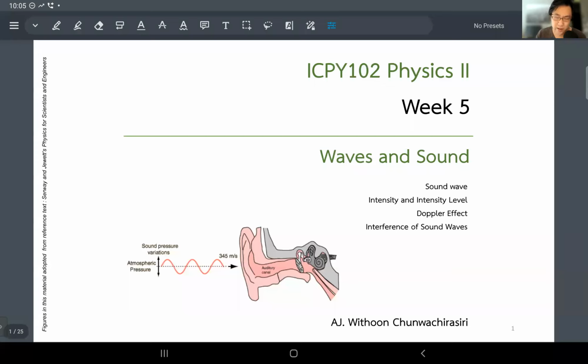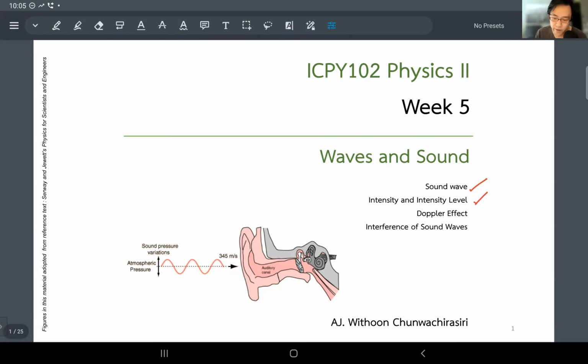So we're going to look at one particular type of wave today, and it's sound. We'll look at how energy from the source gets propagated without looking at the detail of the mathematical description. Sinusoidal waves, we throw them away. We're just going to look at a more collective description of it.